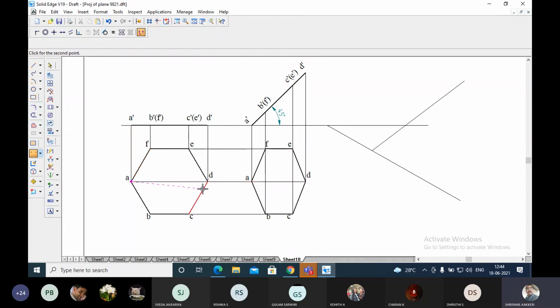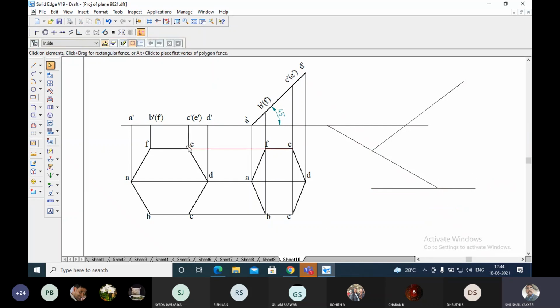This length I have measured. It is 50. Take the arc from this end, 50 mm length. 50 mm length I have taken, and trim this. Now it is of no use. We'll remove this. Now draw the line. I have drawn the line. It is the locus of AD, locus of diagonal AD.